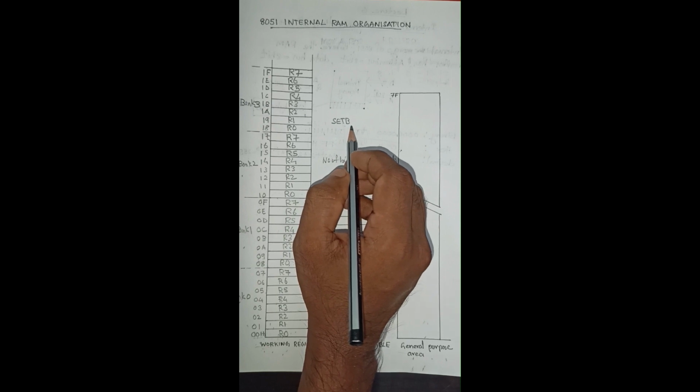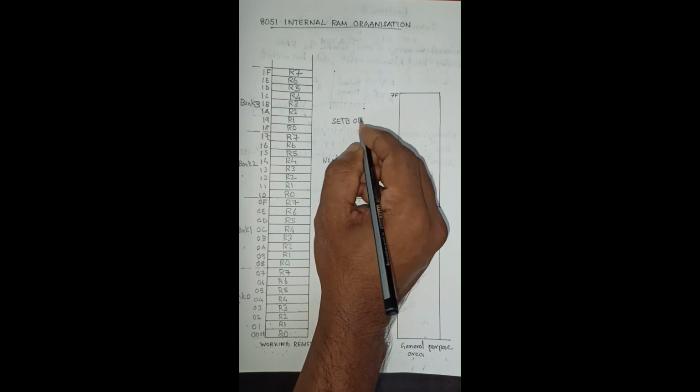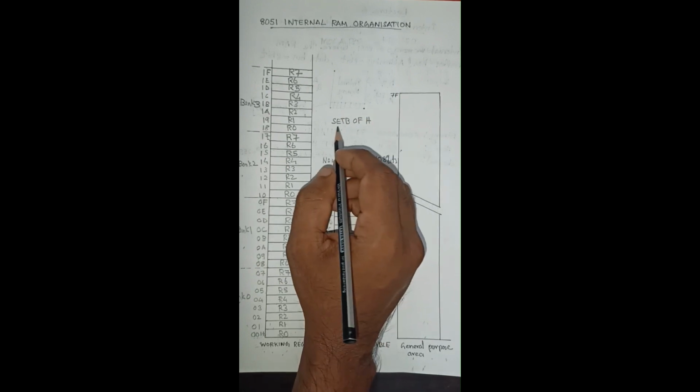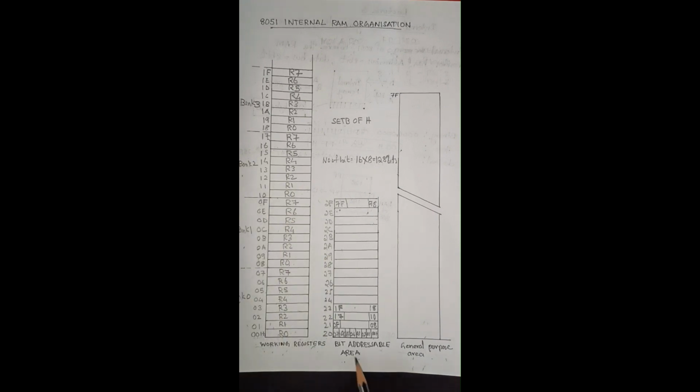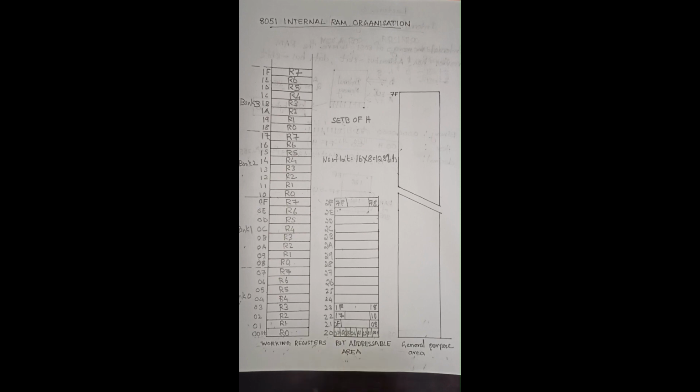SETB means that specific bit will be made 1. So I am giving SETB this address, 0FH, in my program. Then in our RAM, in the bit addressable area, the bit having address 0F will be made 1.